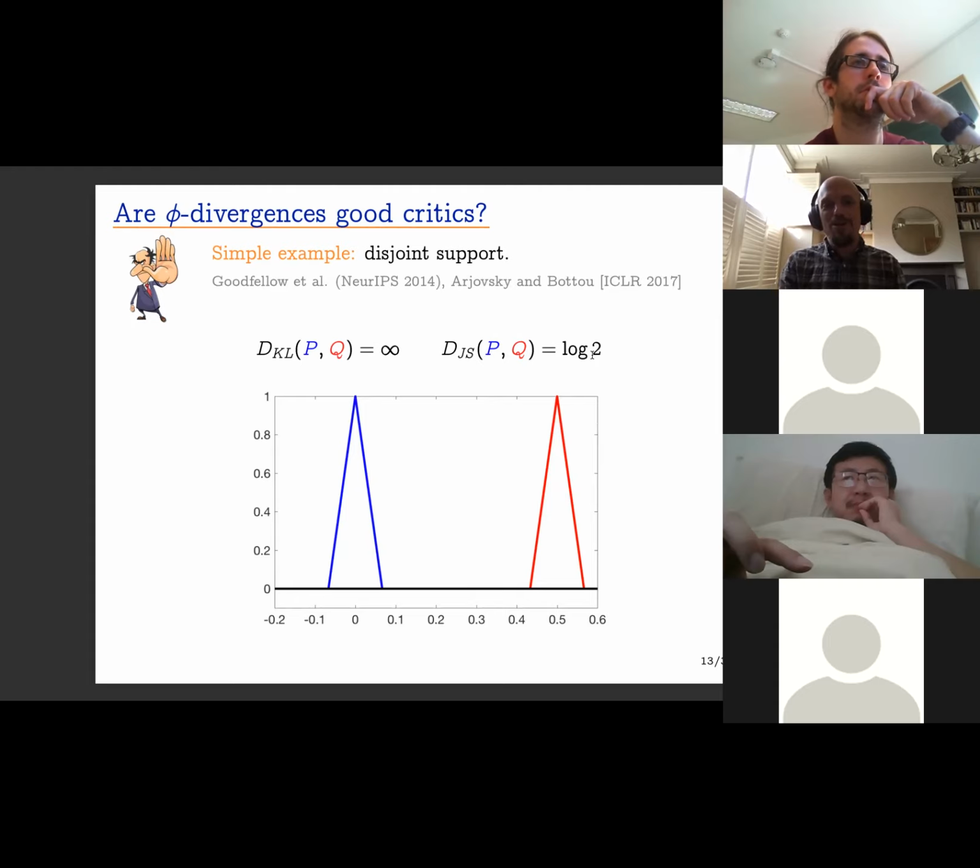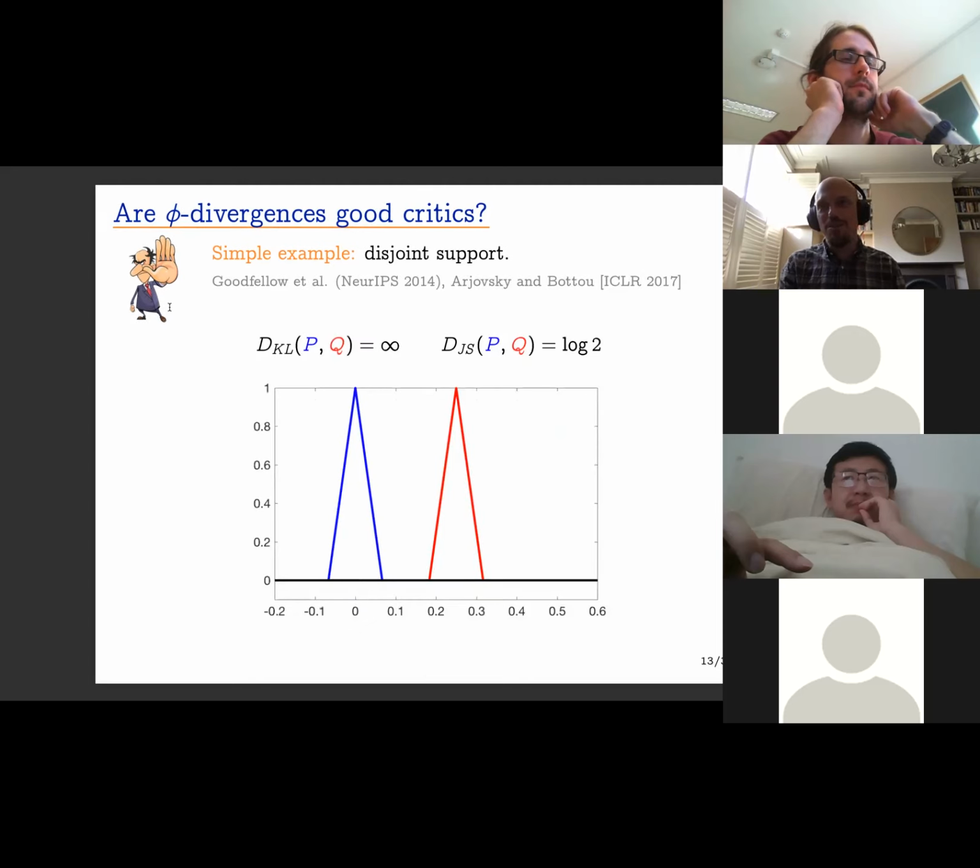So this is arguably an unhelpful critic witness, because as long as the support of red and blue is disjoint, the critic is giving me no feedback whatsoever as to how or whether red is approaching blue. Presumably this counts as improving my sample, and yet my KL is still infinite, my Jensen-Shannon is still log 2, and it's not telling me anything about how close red is to blue.